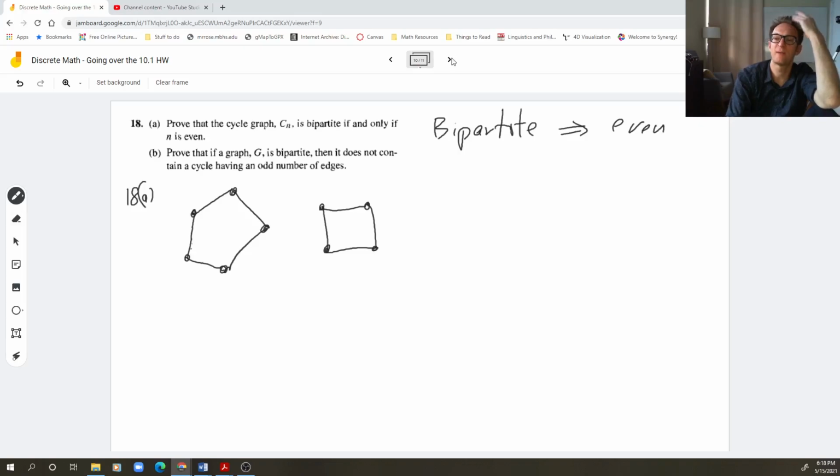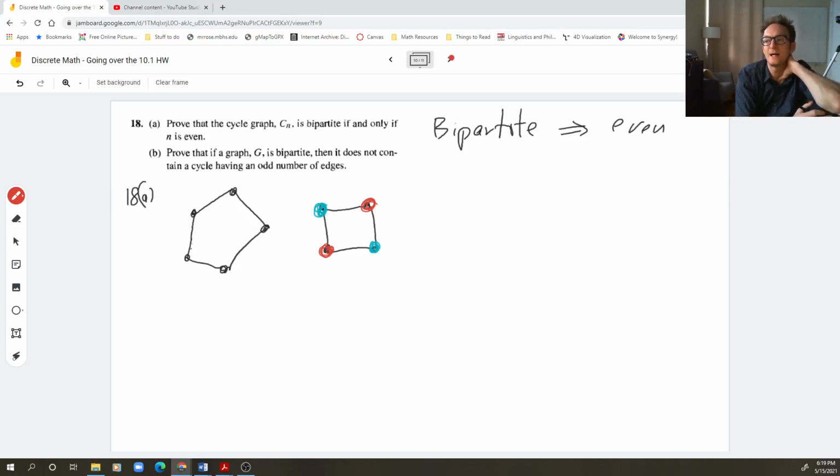Well, if it's bipartite, then this vertex is one color and this vertex is another, and this vertex is one color, and this vertex is another, and so it just has to be even. That's a terrible proof, but I gave a very rigorous proof of this back on the day that a graph is bipartite if and only if there are no odd cycles, so I just don't feel like descending into the rigor once again, but you can, if you really want to, prove that n must be even.